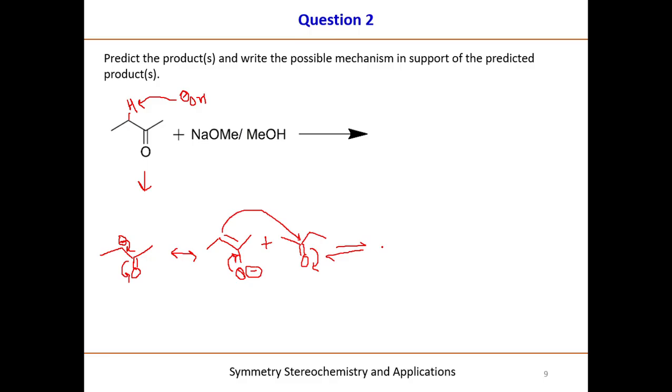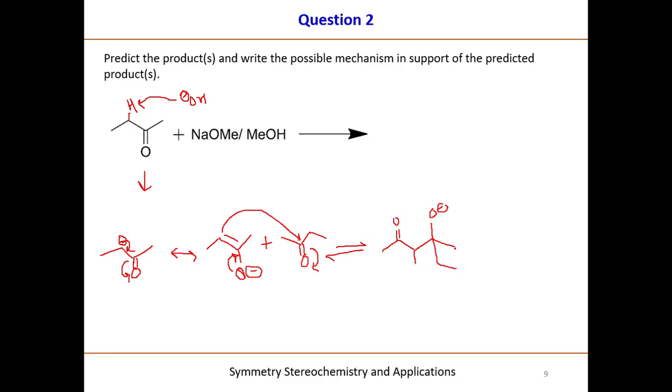So if it gets reacted with the same molecule, double bond O, O minus will be here, and here we will get this way.